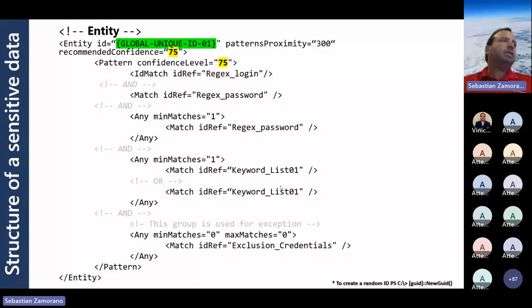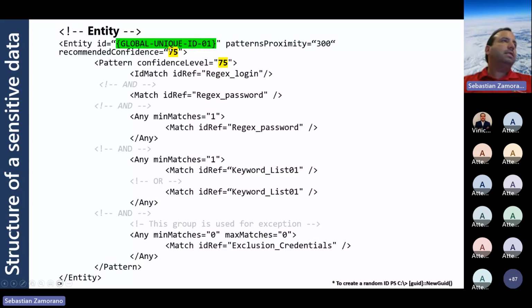Then in our XML file come the entities. The entities are these patterns, this logical connection for our sensitive info types. The sensitive info type is the entity, and inside we can have different patterns. In this example, I am setting the proximity window to 300 characters.